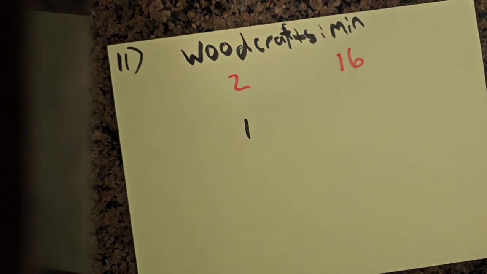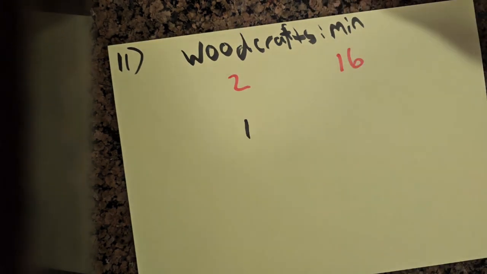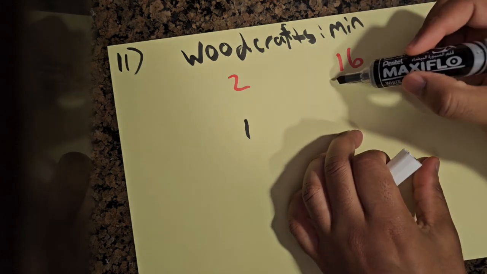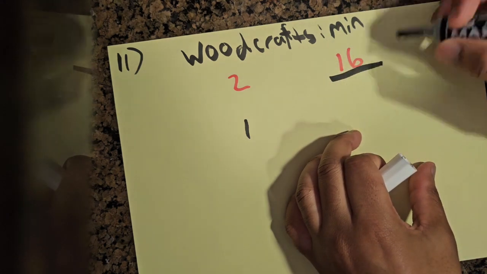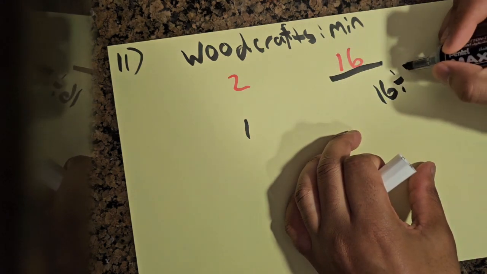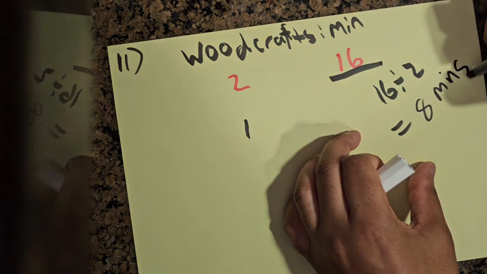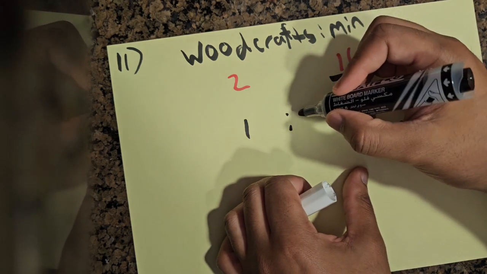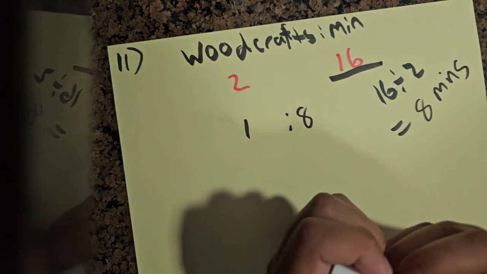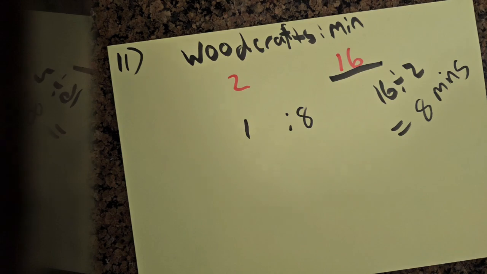So the value that we're dividing by is 2. And then all we're going to do on the other side, we're going to divide by the same value. So 16 divided by 2 is equal to 8 minutes. So 1:8. That means for every one woodcraft that he paints, it takes him 8 minutes.